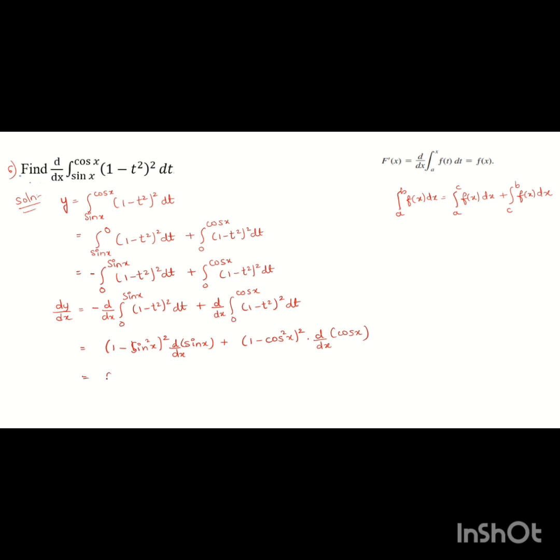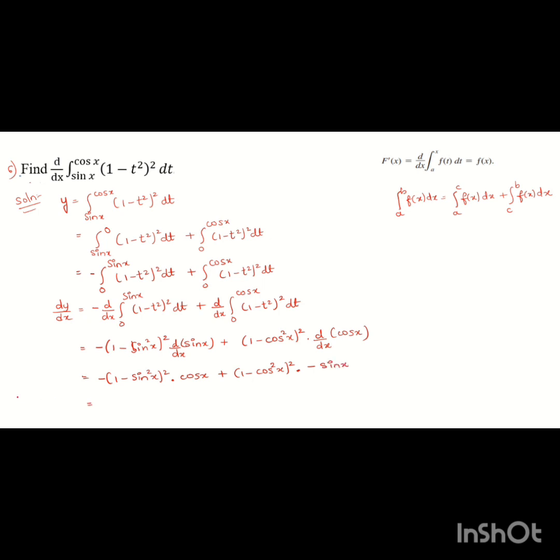So now simplify, 1 minus sine square x whole square. We had a minus sign here, so I'm putting the minus sign. The derivative of sin x is cos x, plus 1 minus cos square x whole square, and the derivative of cos x is minus sin x.